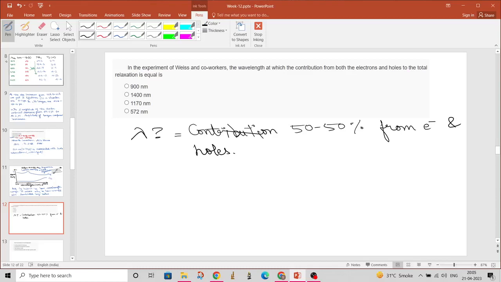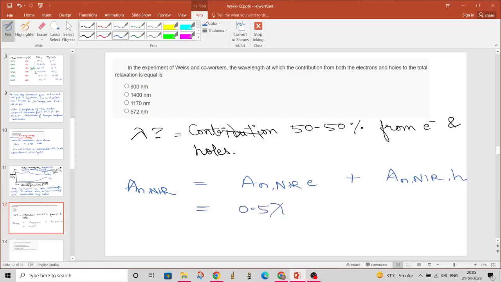So there is a formula for this, which is equal to A_N NIR plus, now here we need 50-50% contribution.